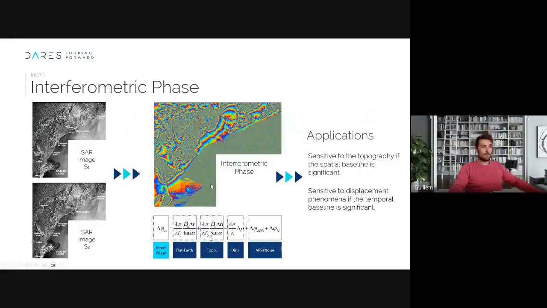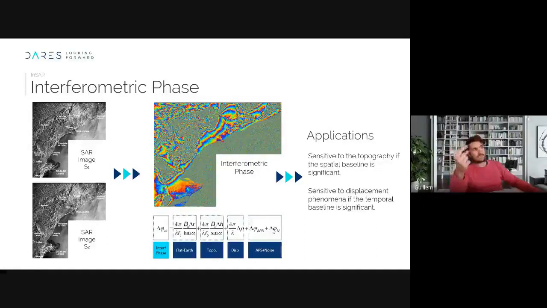But what's happening here? Not everything we see directly in the interferometric phase is displacement. Why? Because the phase is sensible to the topography, to the displacement, and there are some artifacts due to the atmosphere.